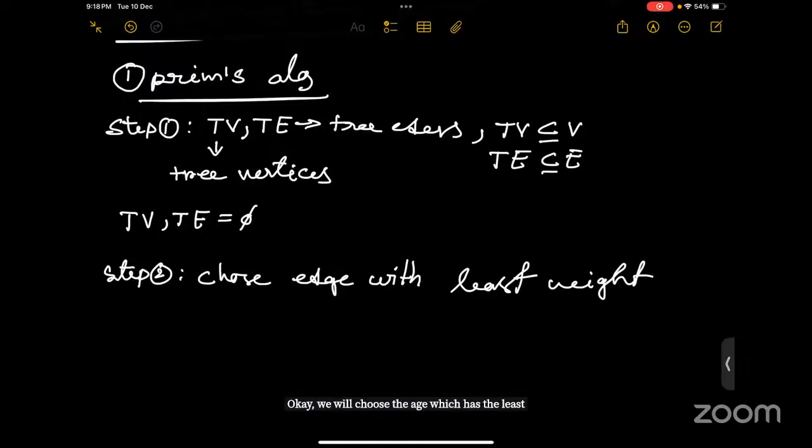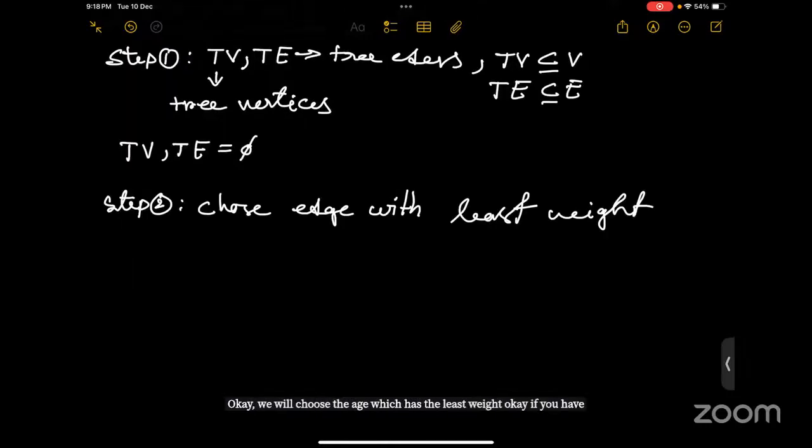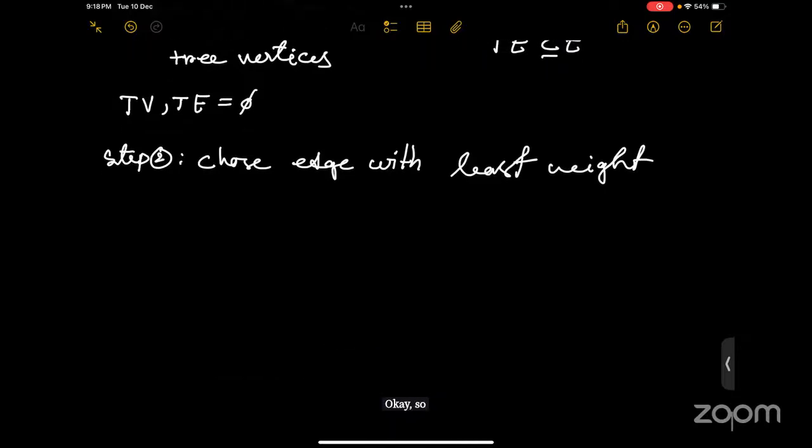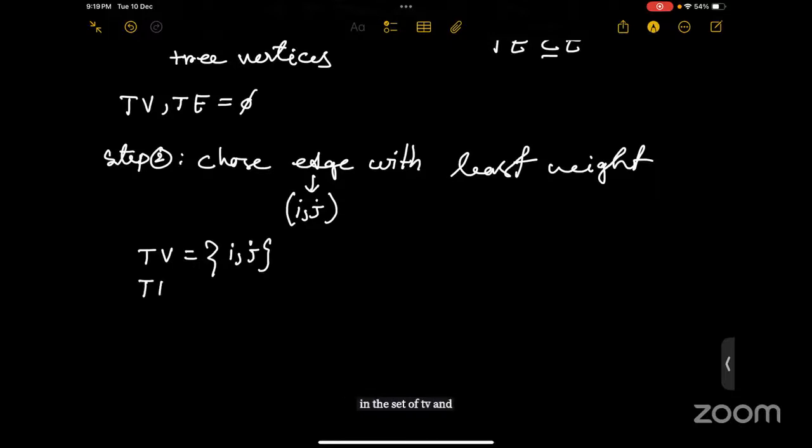If you have two edges with the same least weight, then you can pick any one of them. So suppose this is the edge ij. Then we will immediately take the vertices i and j in the set TV and the edge ij in the set TE.